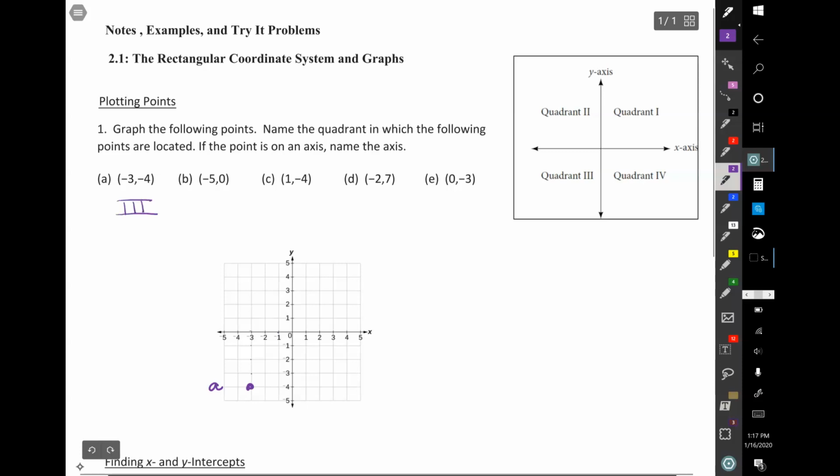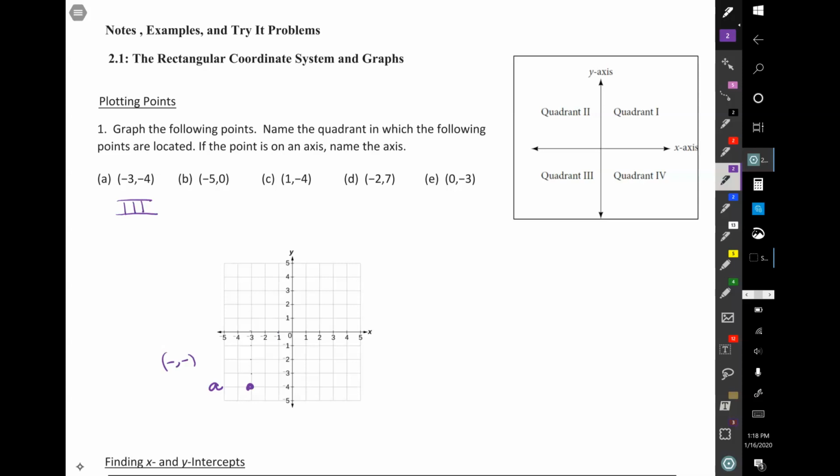So quadrant 3 will always have negative for both signs. So I'm writing that off to the left with parentheses around it: negative, comma, negative. The next point we have is B, and that is (-5, 0).